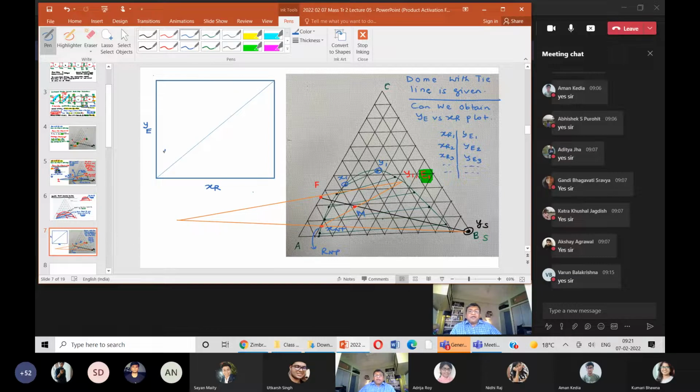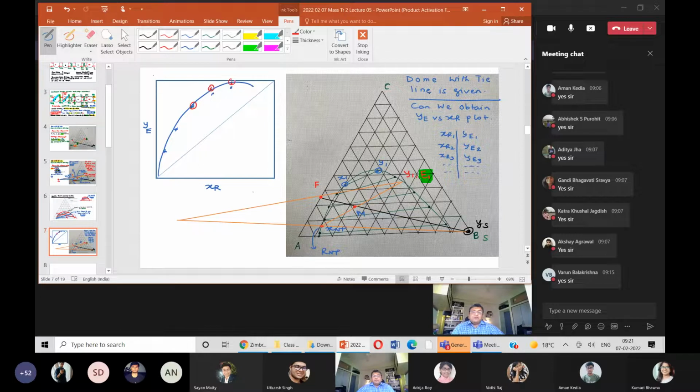And maybe on an X versus Y plot, we can locate the data. Something like this we can do.